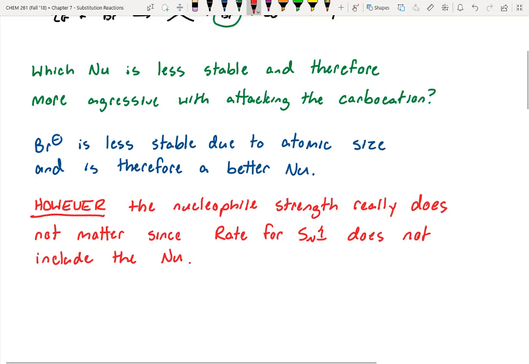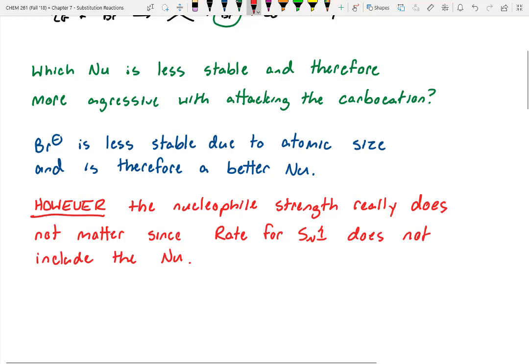All right, so these are pretty important concepts that we're considering. We always have to piece together different options and compare them. In this case, yeah, we came up with competing hypotheses, but we don't really have any sort of evidence that one will be faster than the other, right? So nucleophile strength doesn't really impact a whole heck of a lot with Sn1 reactions, which is confusing for people.